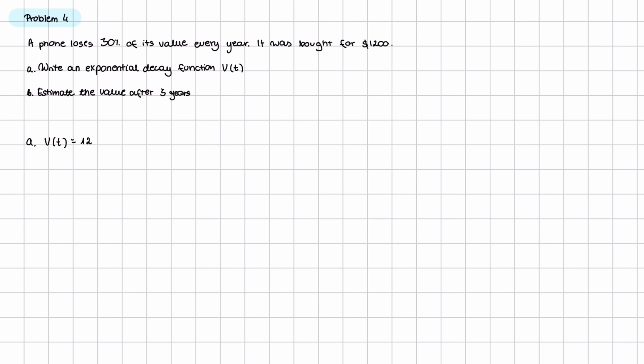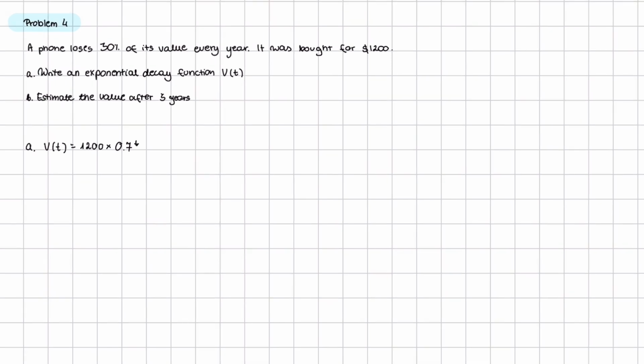So 1,200 times, if the phone loses 30%, the remaining amount is 70%. So we can write it like this, to the power of t.